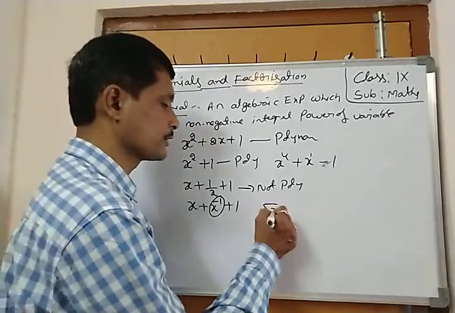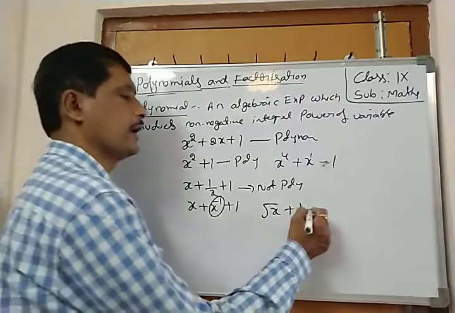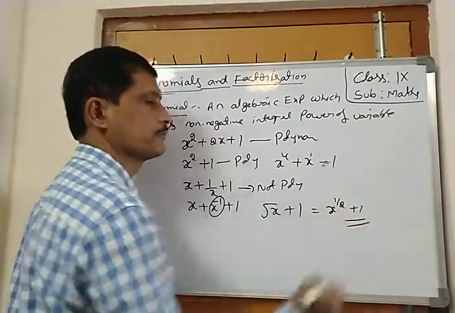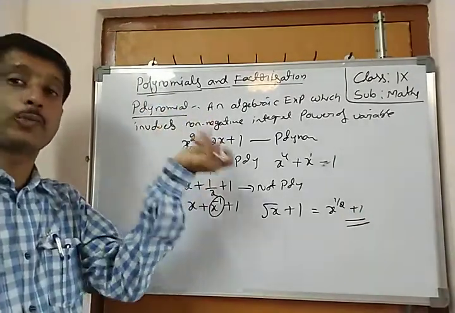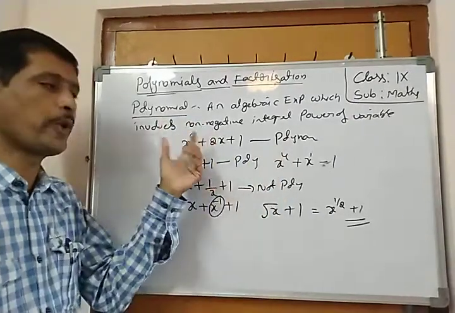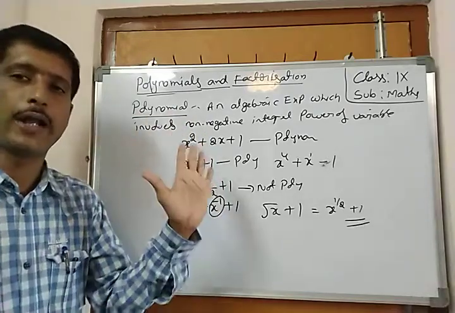Suppose root x plus 1, that is also not a polynomial. Why? It can be written as x power 1 by 2 plus 1. Here any variable, x or y, must have a positive integer power. If the power is a fraction or a negative value, that is not a polynomial.